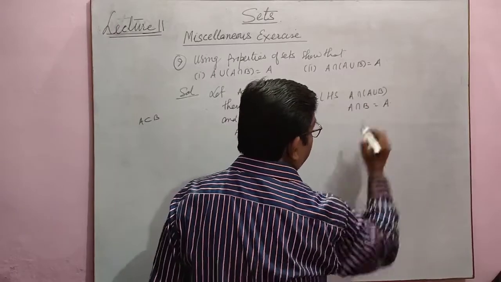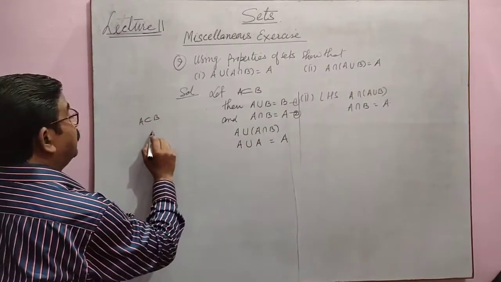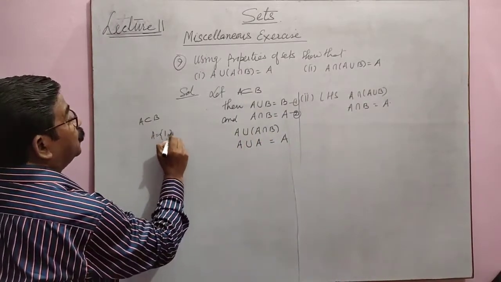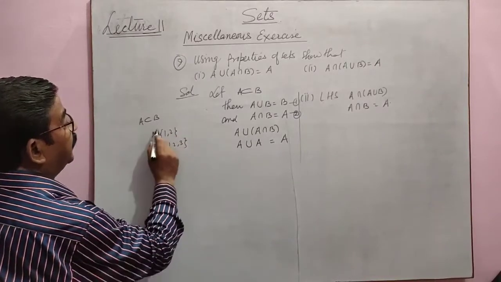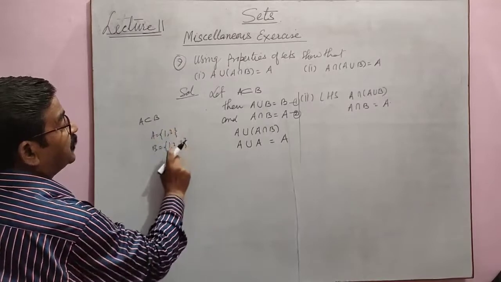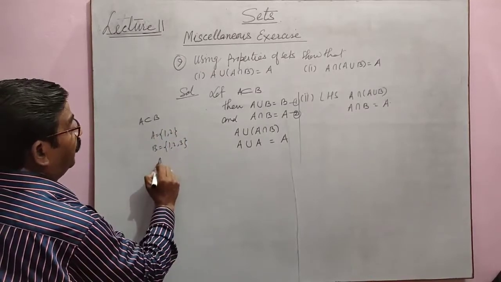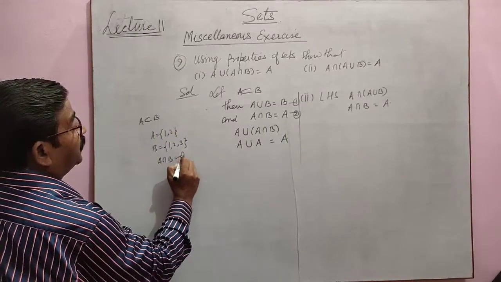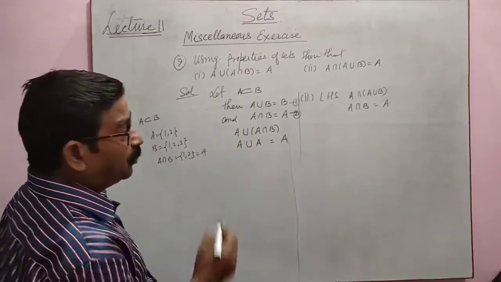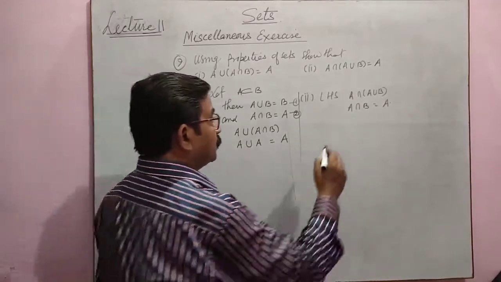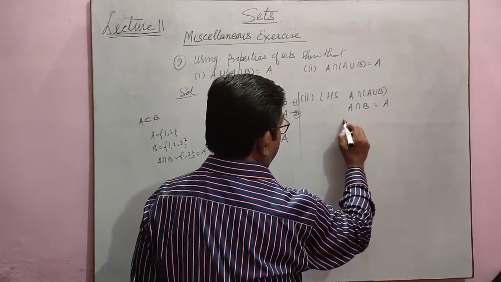You can see the example: A is 1 2, B is 1 2 3. See, A is a subset of B. So if you find A intersection B, what are the elements? 1 2, which is equal to A. So this is how this result is. So this is right hand side.